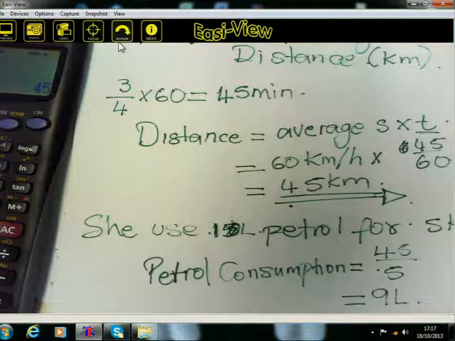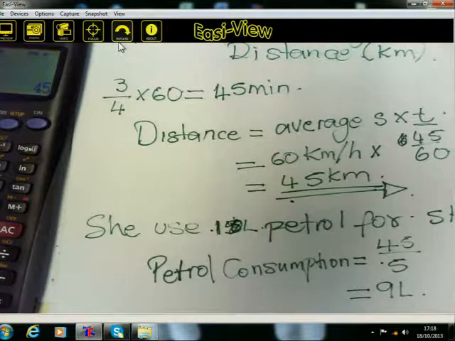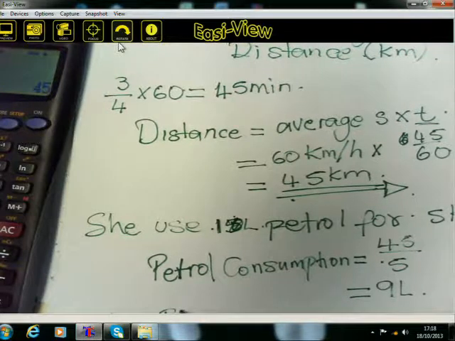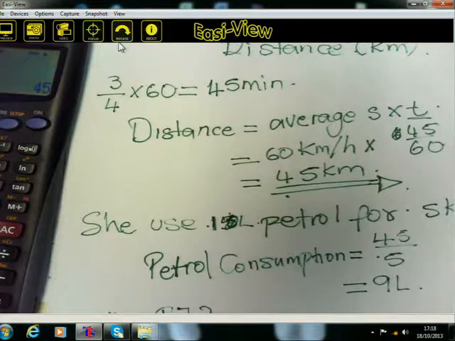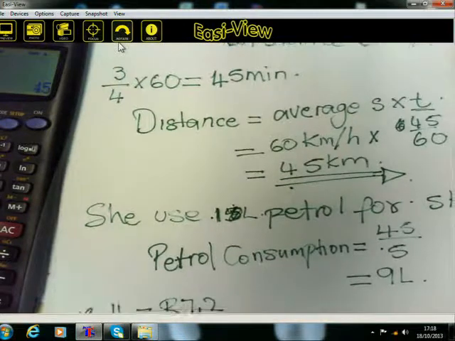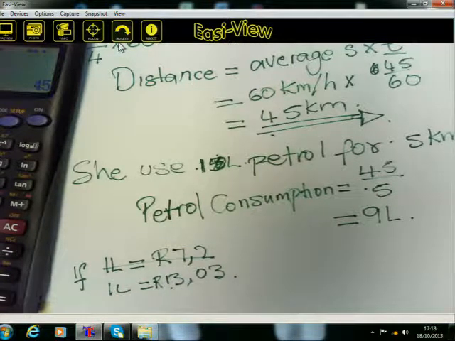Then we say if 1 liter of petrol costs 13 rand 3 cent, how much is she going to pay for petrol?